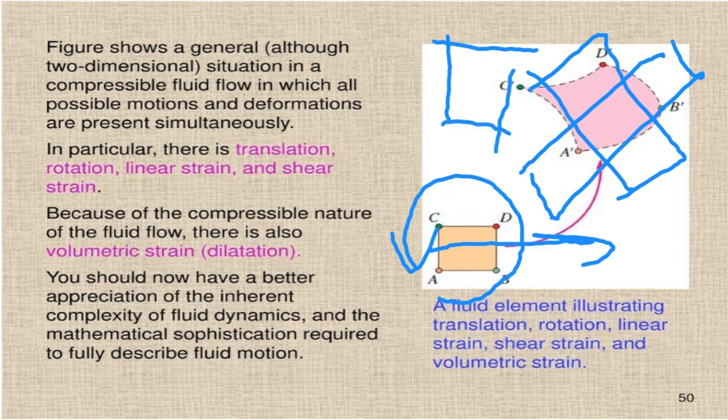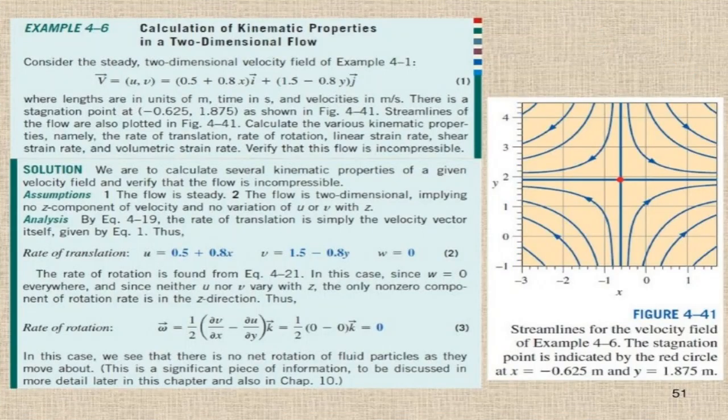So not only can the linear dimensions change, but also the angles can change. Also, there can be a volumetric strain in 3 dimensions. But volumetric strain is just a result of the linear strain. The summation of the 3 linear strains is just the volumetric strain, so it's not actually something different.